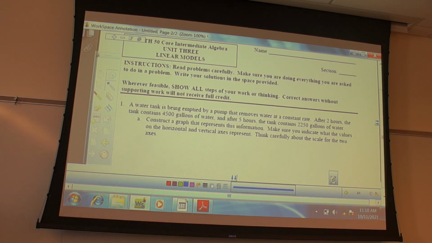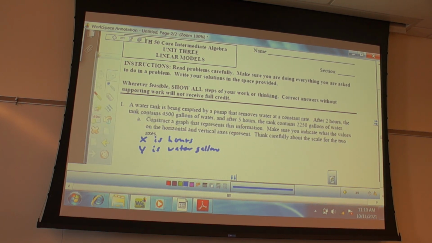So then we took a look at it and said, okay, our x is hours, y is water, gallons of water. Then we figured out the things that go together.